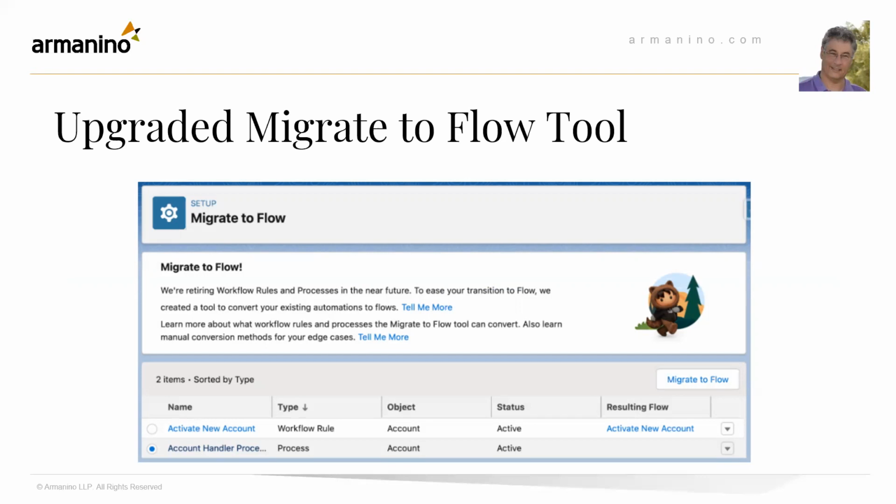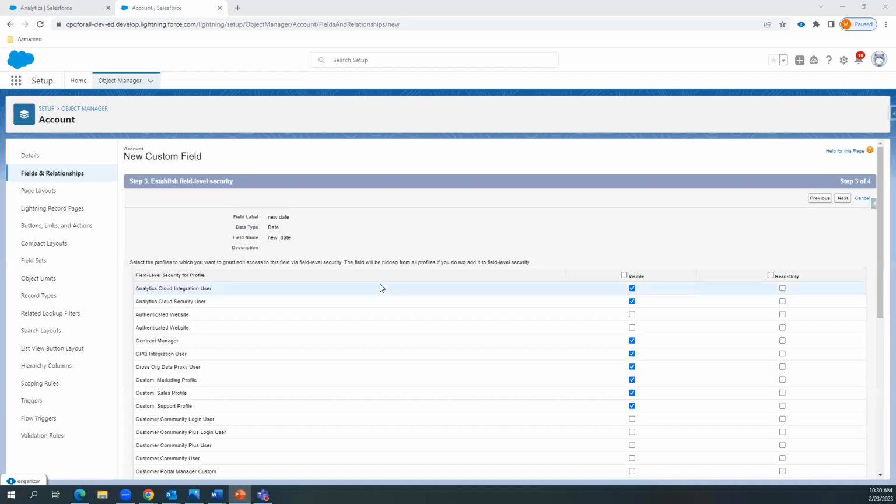This tool is not new because it did work already on workflow, but now it's also going to work on process builder processes. As you can see from the image above, the type includes not just workflow rules, but process builders as well. Let's take a look at how this easy to use tool works.